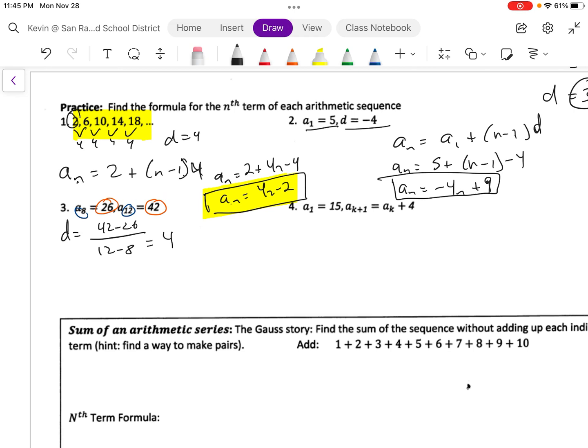Now again, we don't have the first term. We have the 8th term and the 12th term.